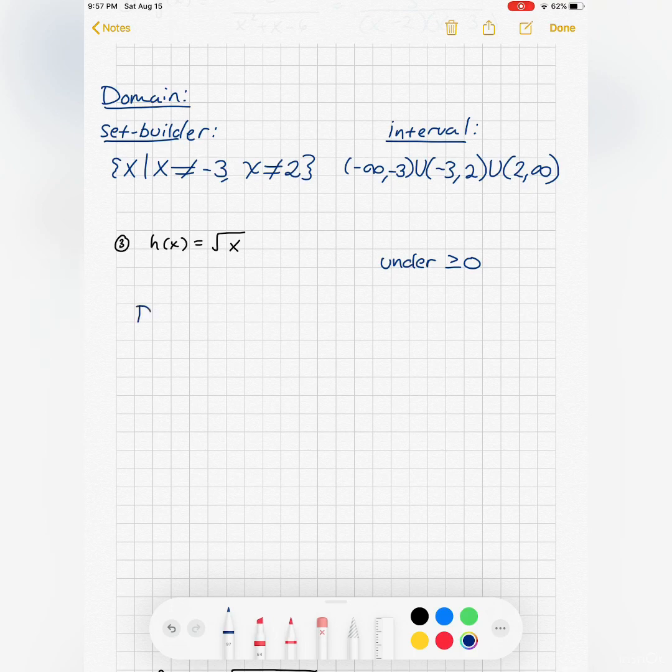So in this case, wouldn't the domain just be all the x's where x is greater than or equal to 0? Because the only thing underneath the square root is that x. That's the set builder.